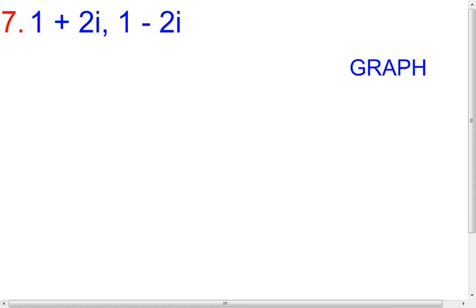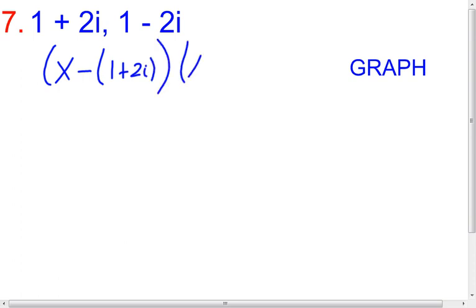All right, and then our last one. Here you can see that I'm giving you imaginary roots, okay? So what you need to do, and this is why I kept showing you that minus business before, because you're going to need it here. Here you're going to go x minus the quantity 1 plus 2i. Okay?